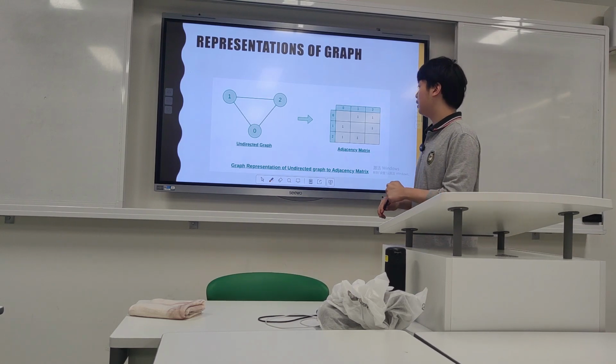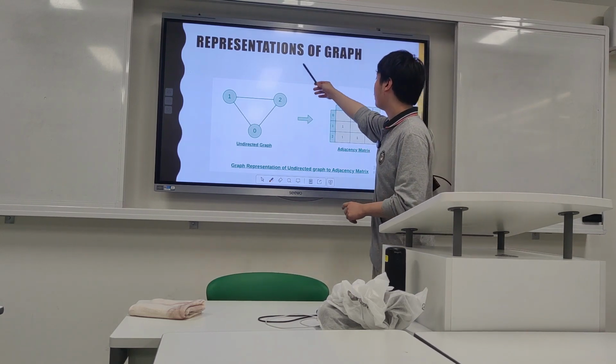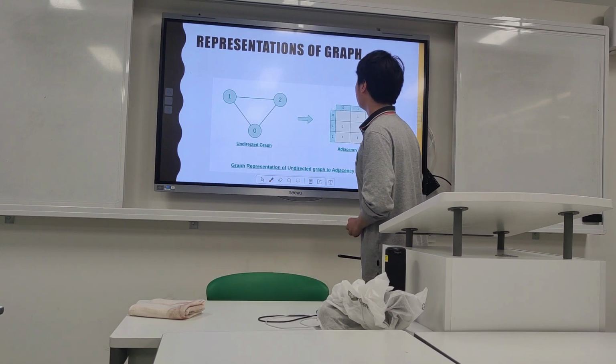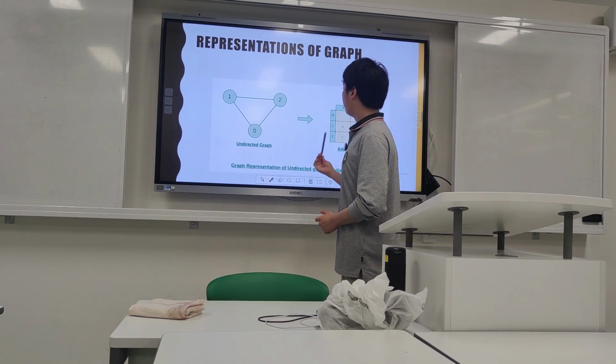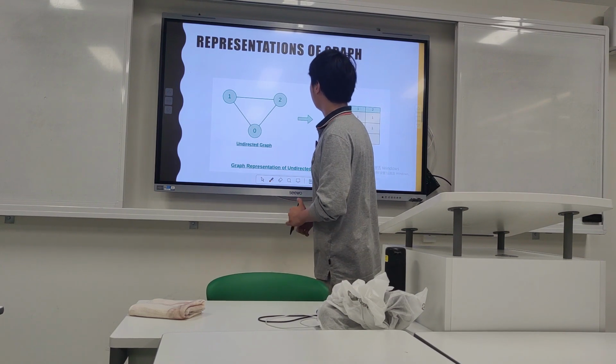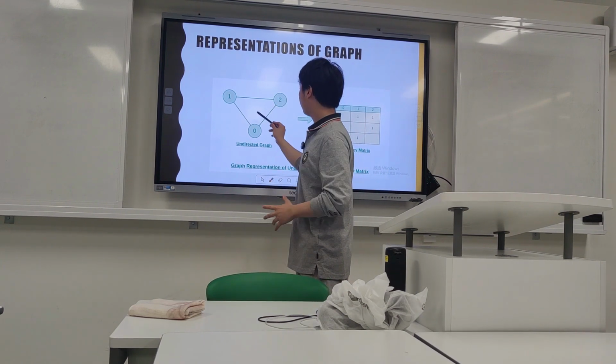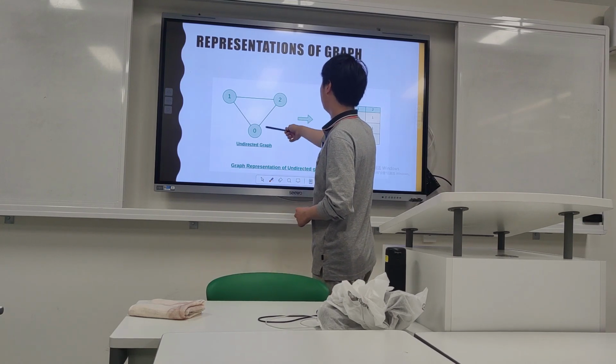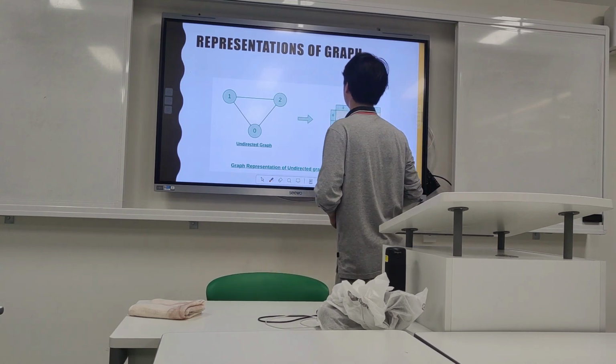Here you can see it is an undirected graph, and it is very simple. It only has 3 nodes, 0, 1, and 2, and it is a complete graph because it has an edge connecting 0 and 1, and also edges connecting 0 and 2, and 1 and 2.